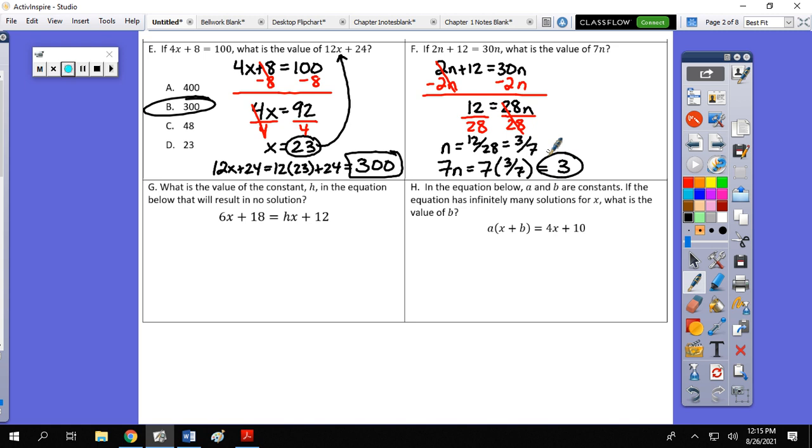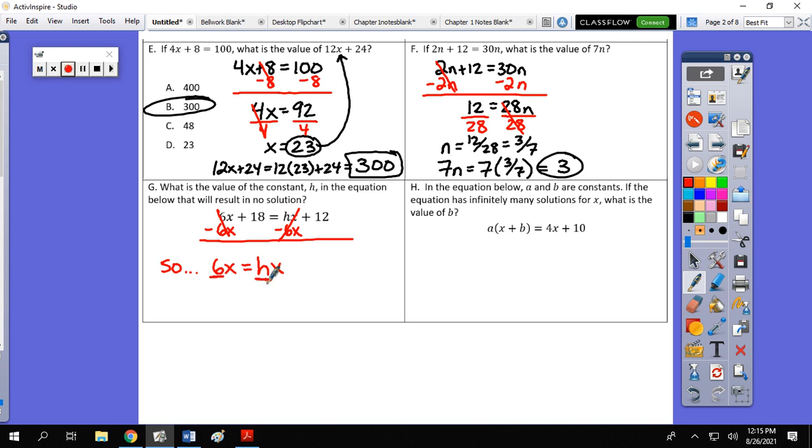Okay, G and H are testing your ability to understand equations that have no solution or infinite solutions. Remember that when you have an equation that has no solution or infinite solutions, when you go to isolate the variable, when you move the variable to one side of the equation, it is supposed to cancel out, which means that 6x in this case has to equal h times x.